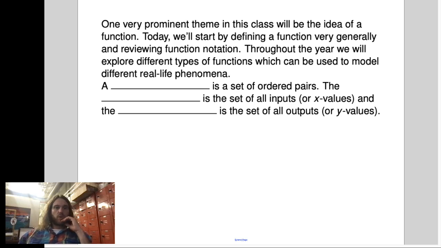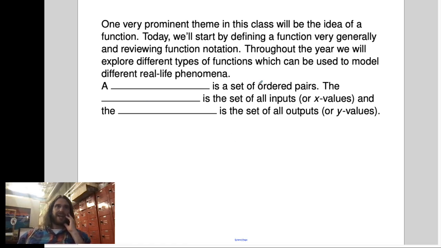All right, so the notes for this assignment, you can get the blank notes on my website or in Google Classroom. We're going to go through and read these together, and I'm going to talk about what I mean by them. A prominent theme of the class will be the idea of a function. Today we'll start by defining a function very generally and reviewing function notation. Throughout the year we will explore different types of functions which can be used to model different real-life phenomena.